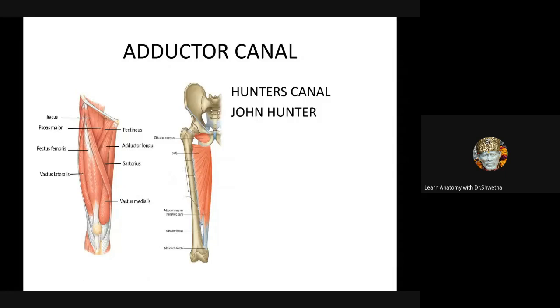Now, adductor canal. Students, you remember the femoral triangle? What was the boundary? Sartorius and the adductor longus. At the apex, last class we saw there was something called adductor canal, which is also called Hunter's canal. Now, what was the extent of this canal? It started from the apex of which triangle?